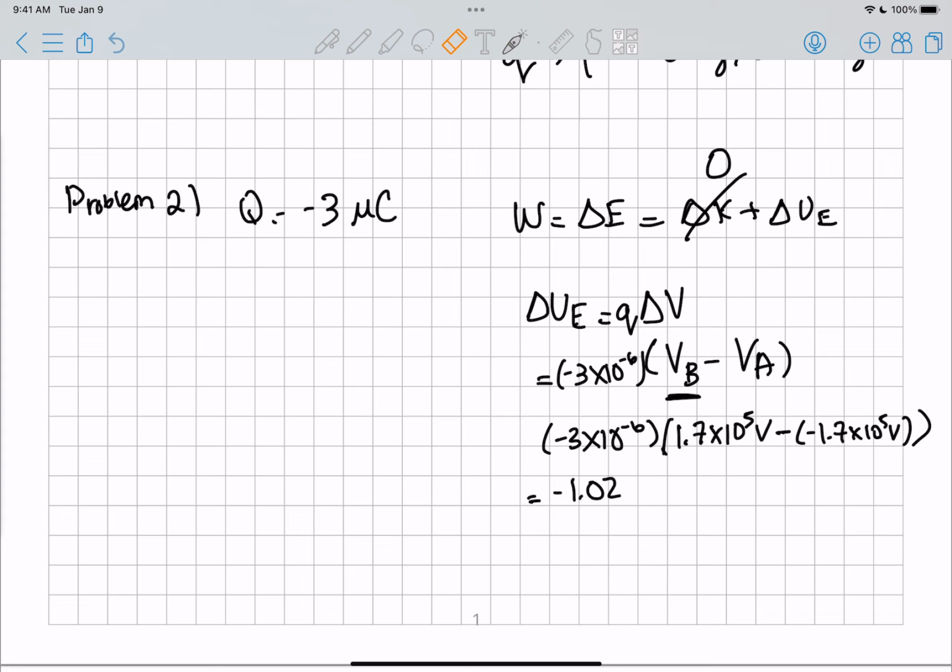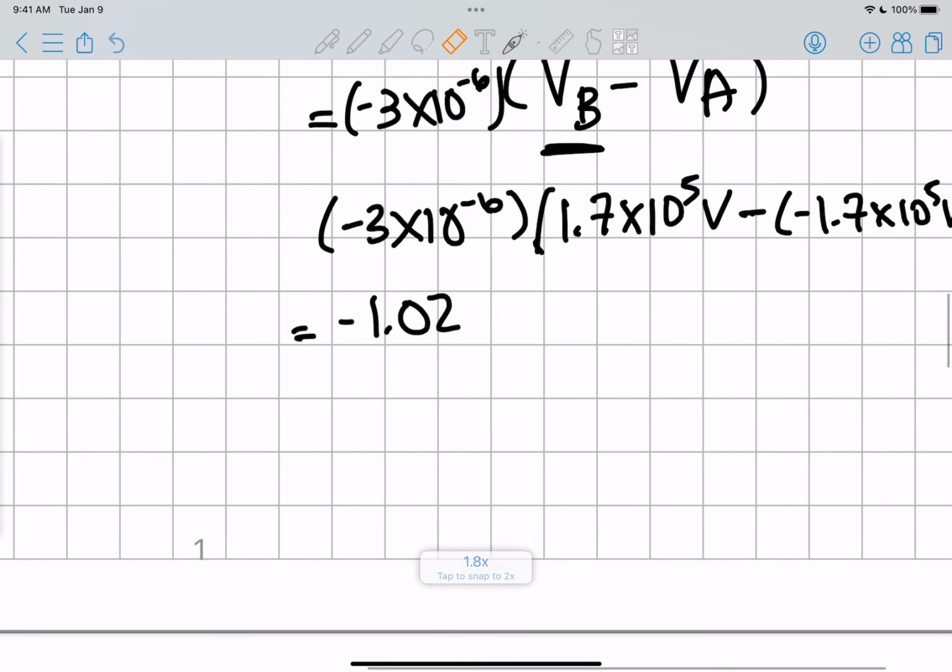So essentially your kinetic energy change would be 0, and then that allows us to just be concerned with the change in the electrical potential energy. And that allows us to solve for the work done to move that charge from point A to point B. Does that make sense? And then your answers would be in joules here because of energy.